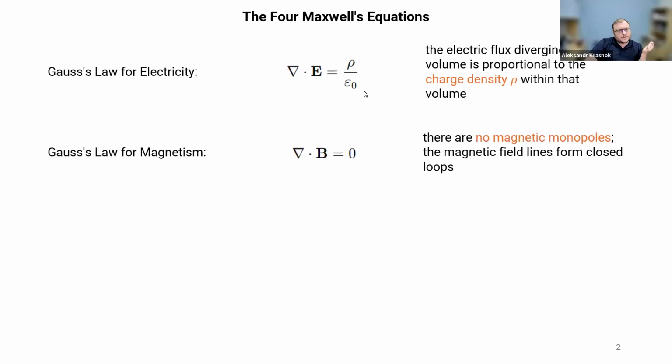The next one is Gauss's law for magnetism, which is a simple statement that says we have no magnetic charges in nature. People still search for magnetic charges, so-called monopoles.